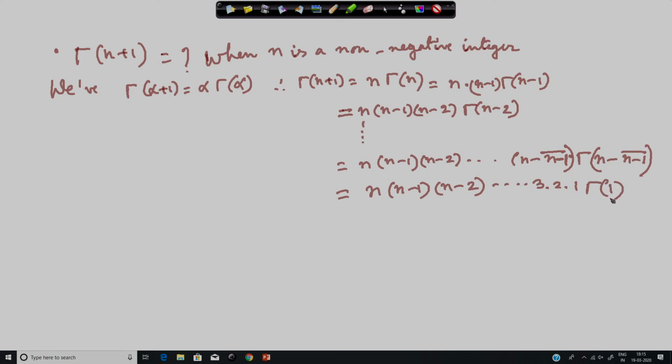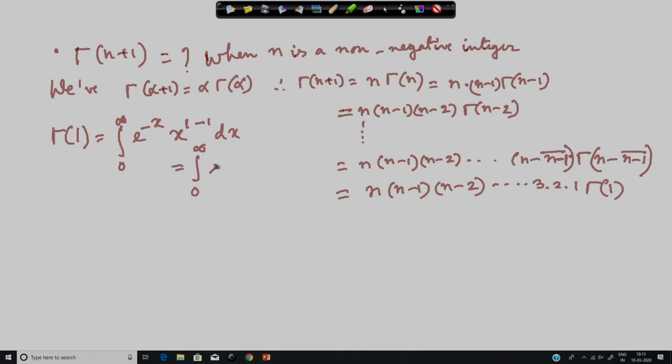Now, what about the value of gamma 1? You see, gamma 1 equals the integral from 0 to infinity of e to the power minus x, x to the power alpha minus 1 dx. Here alpha is 1. Okay. So, this is equal to what?